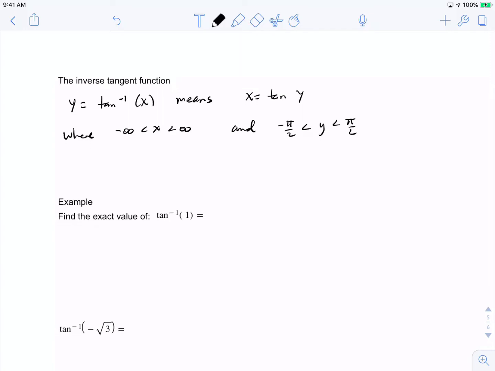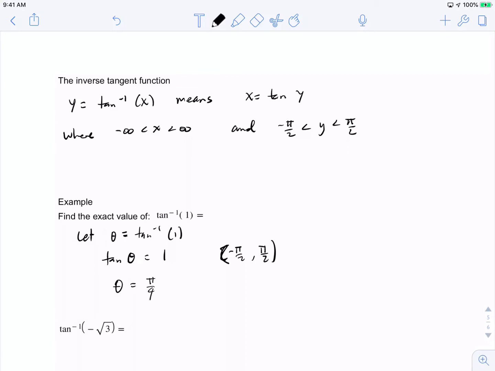Okay, so looking at this problem, again, we attack it like we did sine and cosine. We get tan of theta is equal to 1. Where is tan of theta equal to 1 between negative pi over 2 and pi over 2? That occurs at pi over 4.